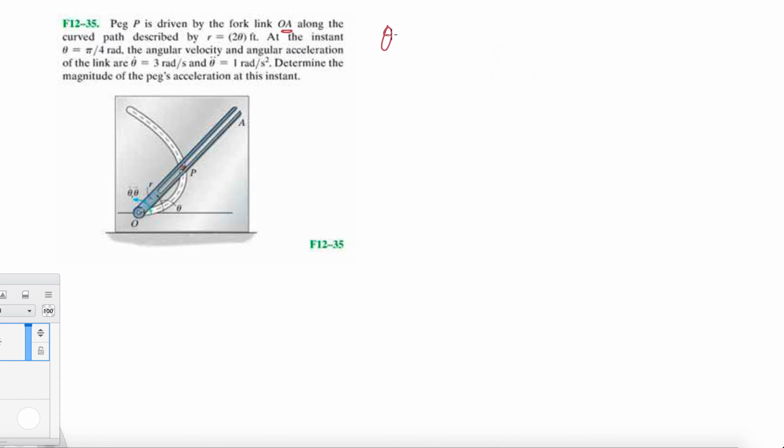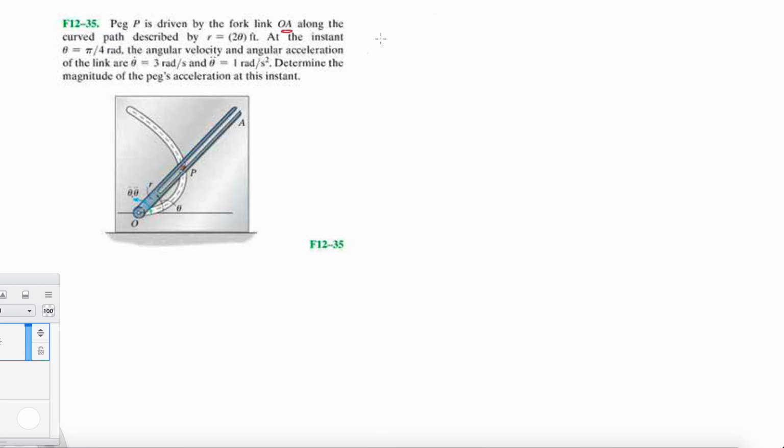If you're a physics major, you might have seen theta dot as omega, angular velocity, and theta double dot as alpha. If that helps you understand the dot notation a little better, feel free to change them, but I would say try to stick with the book's notation, because your TA might not understand what you're doing and will just mark it off.